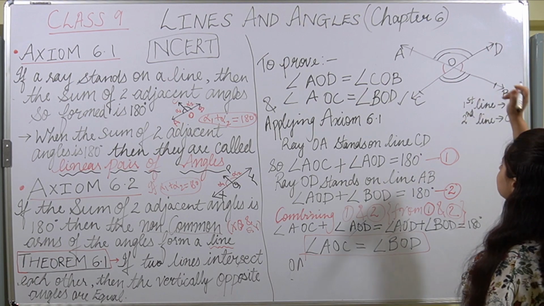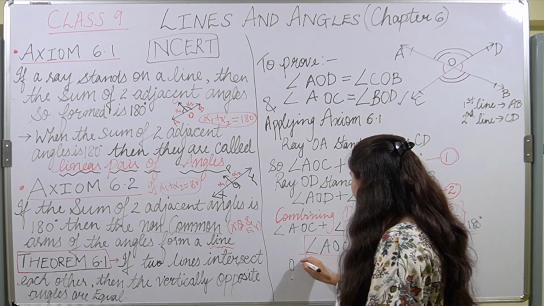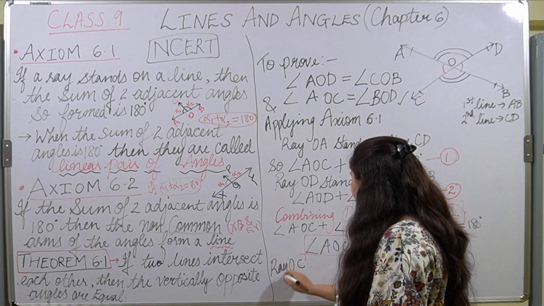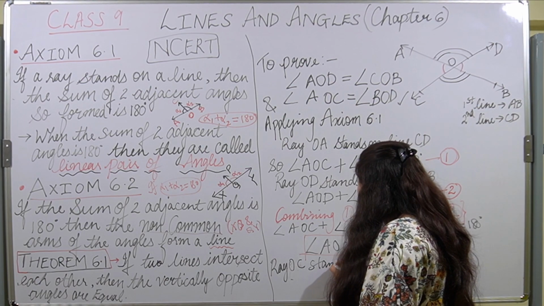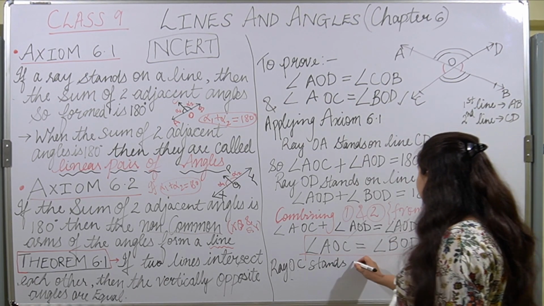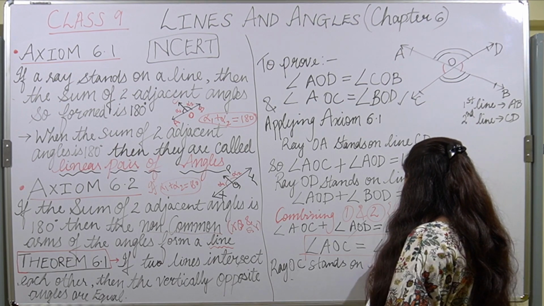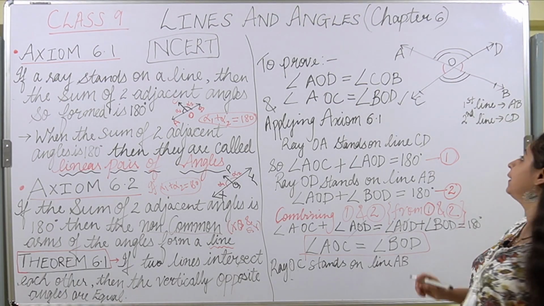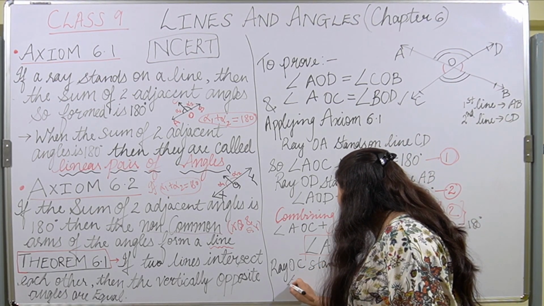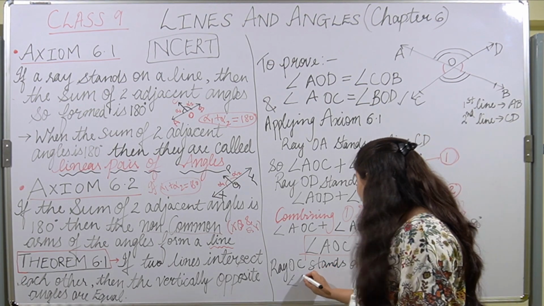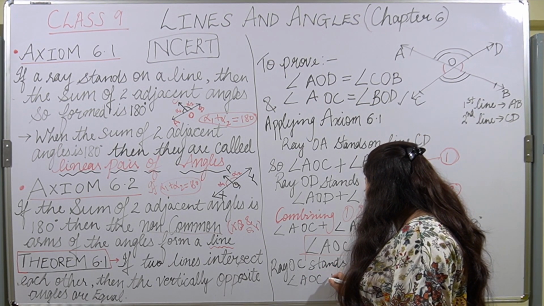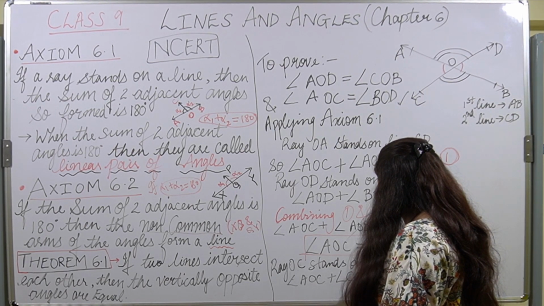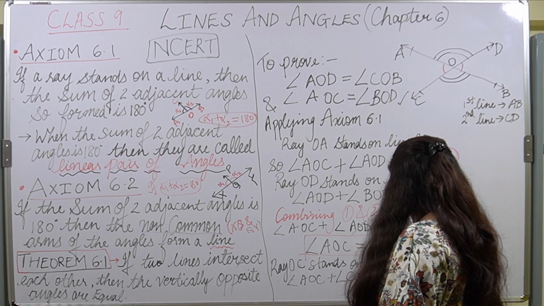And if I take the ray OC, which stands on line AB, from here I will be getting angle AOC plus angle COB is equal to 180 degrees.